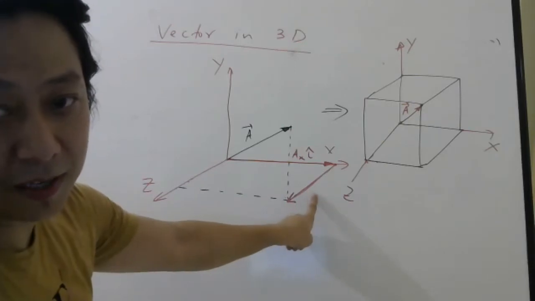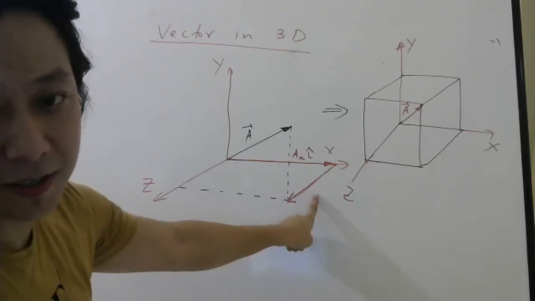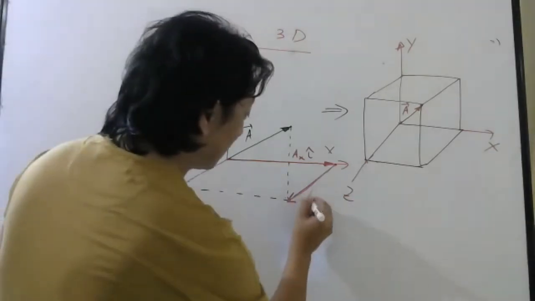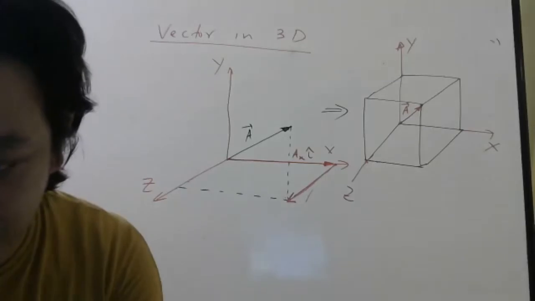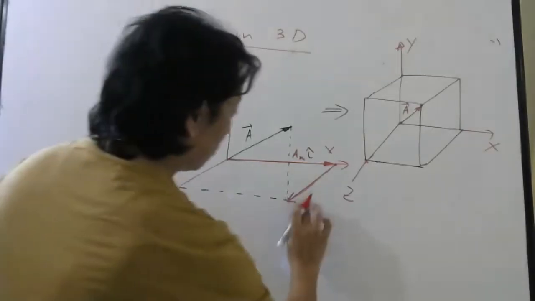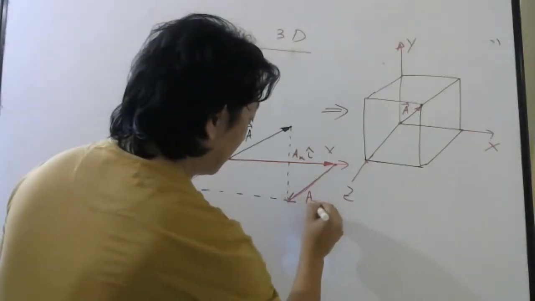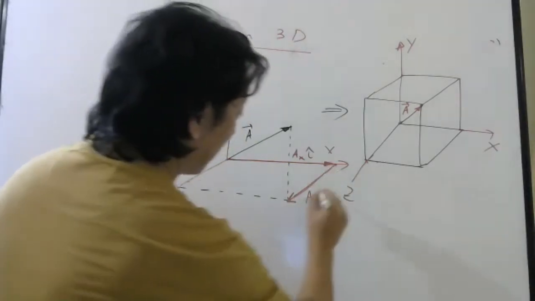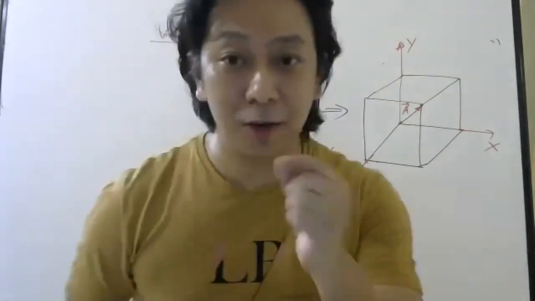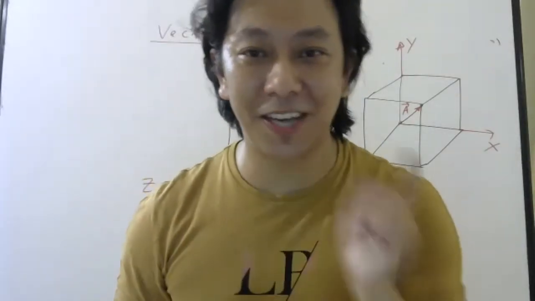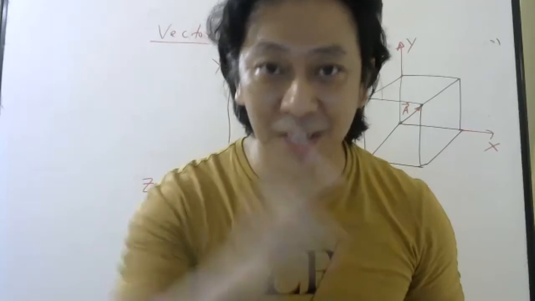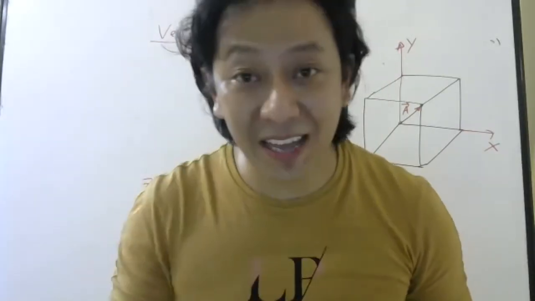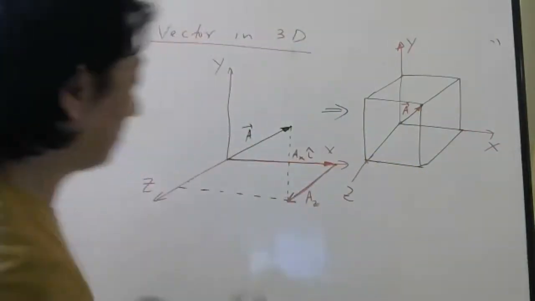Z axis. So this will be my Z component. We write this as Az. So Az only, if I write, it means length. Then I multiply with the unit vector. Now which unit vector shall I write for the Z axis? For the X axis, we write i cap. For the Y axis, we write j cap. For the Z axis, obviously we will write k cap.